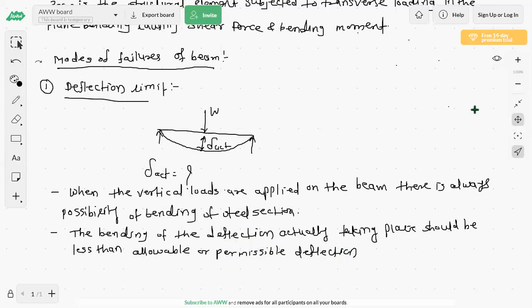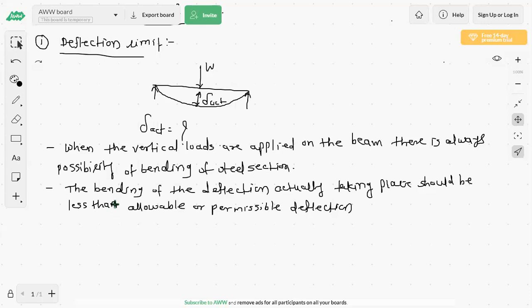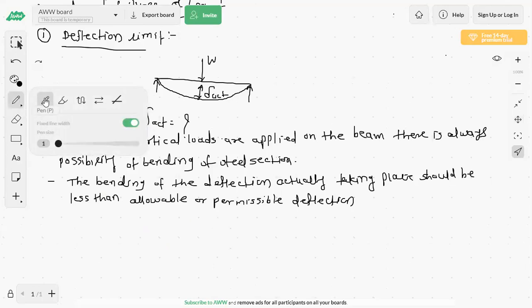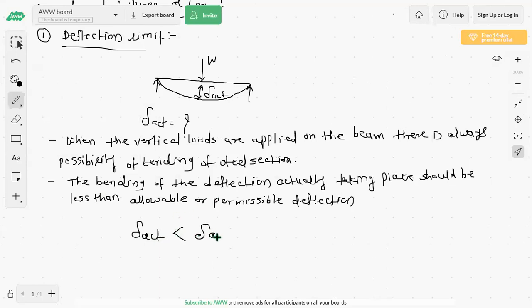It means what? The meaning of the second sentence is: always delta actual is less than delta allowable, or delta permissible.